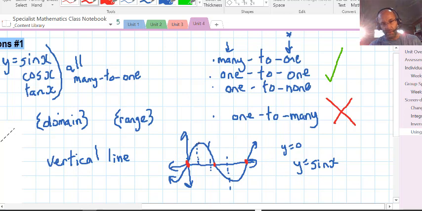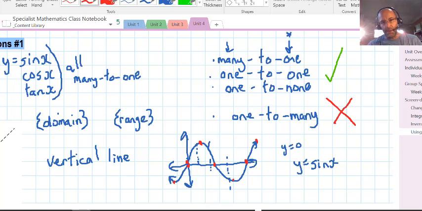If we extended the graph, the peak, it would touch there, the trough there. So that's an example of many different values of the domain will map onto that particular value of the range. So that's a many to one.